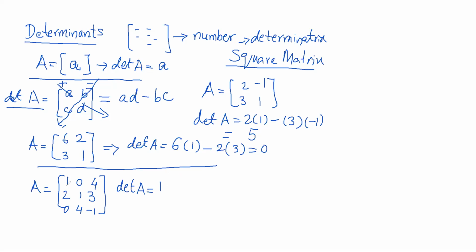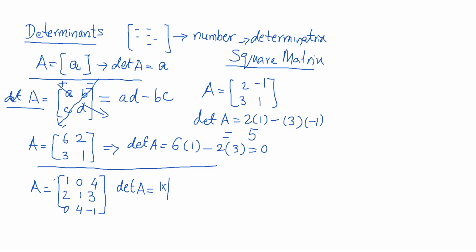This first element of the first row is 1, and it will be multiplied by the determinant of a sub matrix.